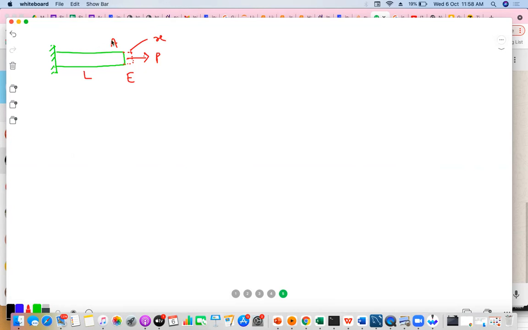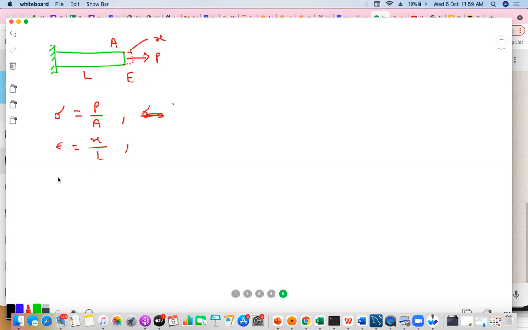Now, if you remember, I can calculate this elongation. I have sigma is equal to P upon A, force upon area. Before that, I have epsilon is equal to change in length upon L, right?